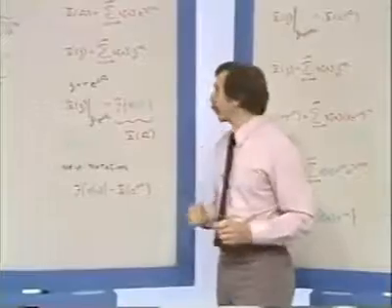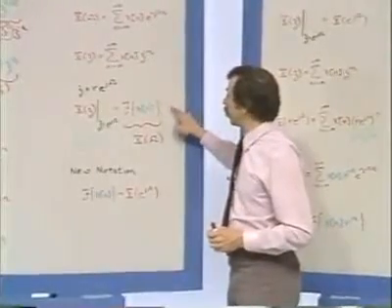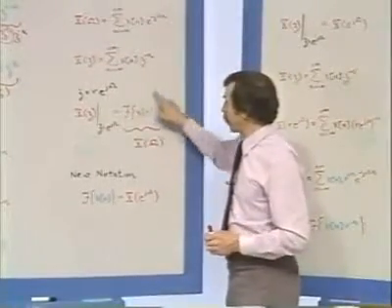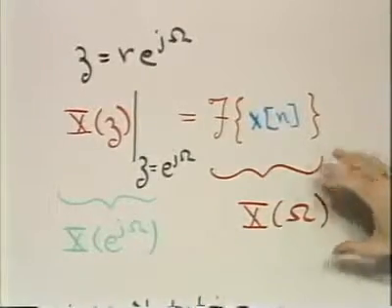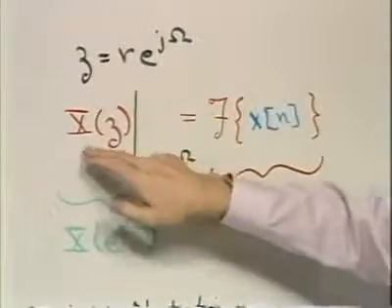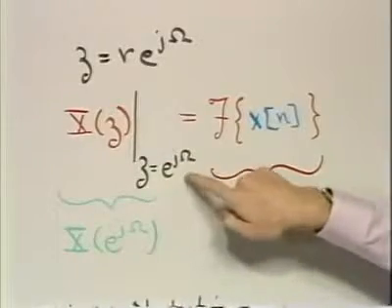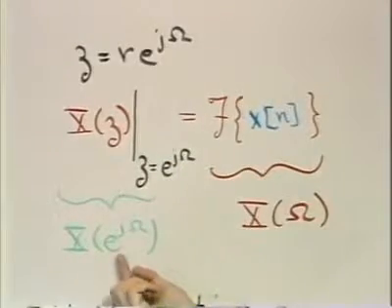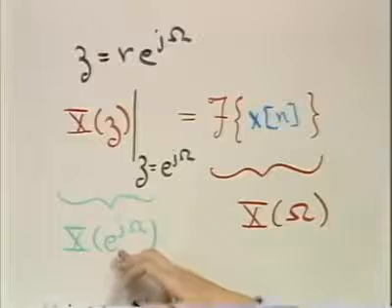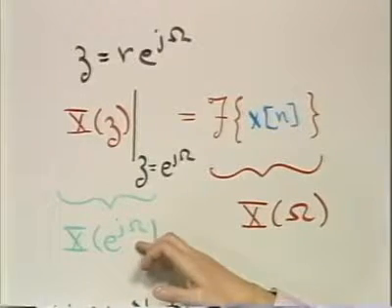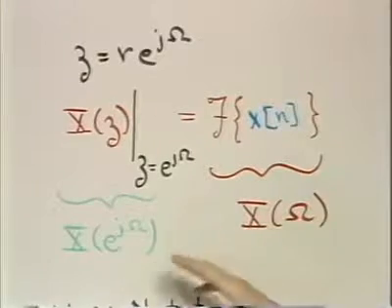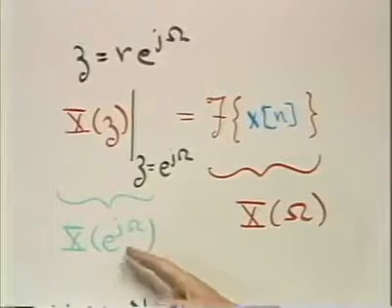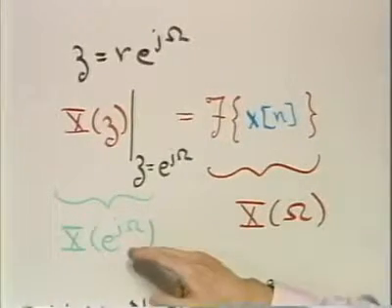In particular, the awkwardness relates to the fact that whereas we've been writing our Fourier transforms as X of omega, if we were to express X of z and look at it at z equal to e to the j omega, we end up with the independent variable being e to the j omega rather than omega. Well, in fact, the Fourier transform is a function of omega. It's also a function of e to the j omega.